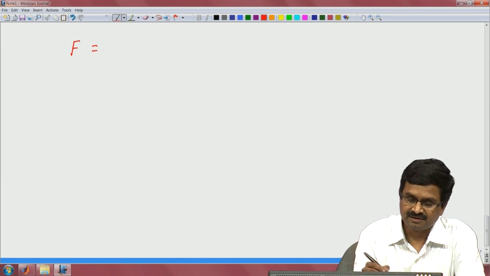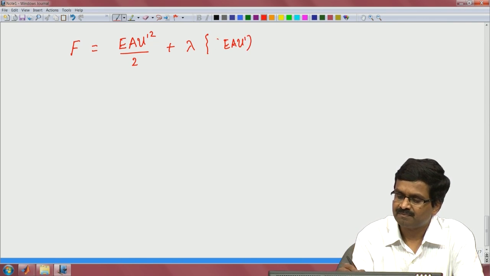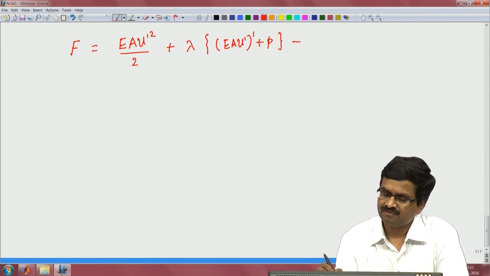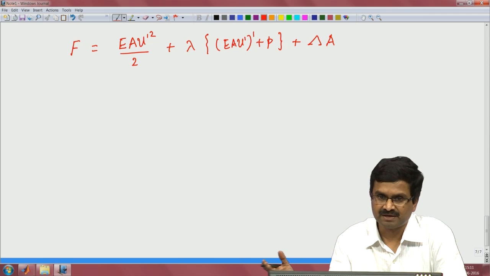In the Lagrangian, we had started with the strain energy, that was E A u prime square by 2, and then the governing equation had these terms, which is lambda times (E A u prime)' plus p, and then we had in the constraint lambda times (a dx minus v star), right. This is the integrand that we had.